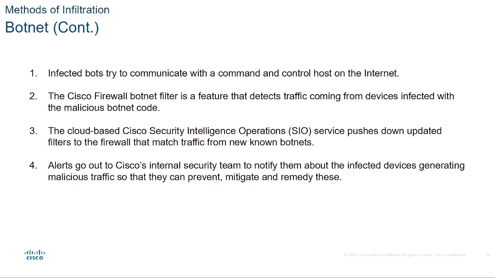The cloud-based Cisco Security Intelligence Operations (SIO) service pushes down updated filters to the firewall that match traffic from new known botnets. Alerts go out to Cisco's internal security team to notify them about the infected devices generating malicious traffic, so that they can prevent, mitigate, and remedy this.